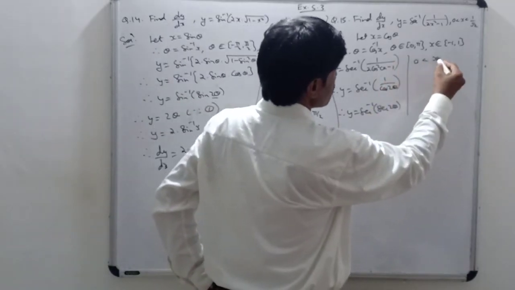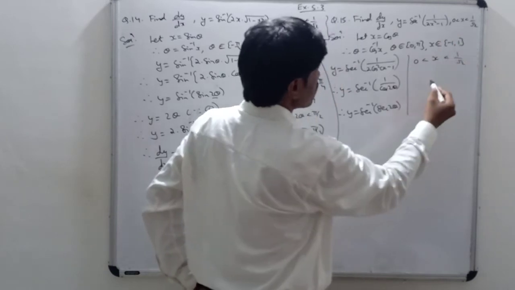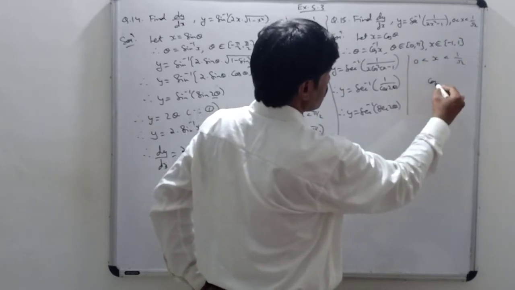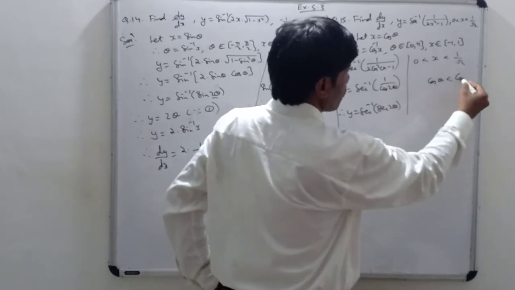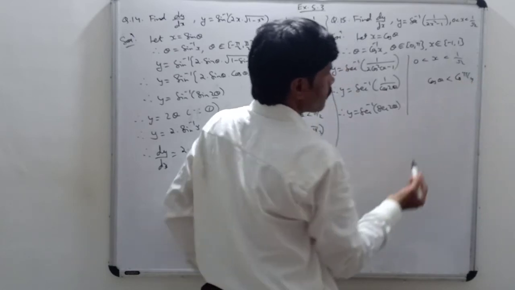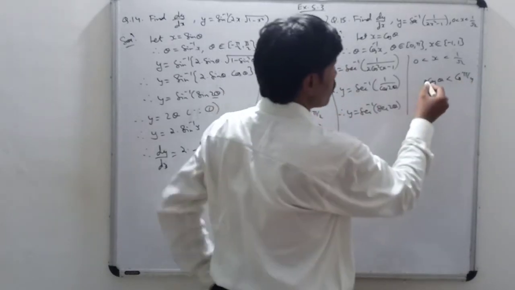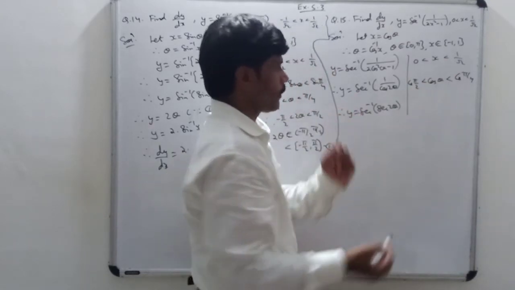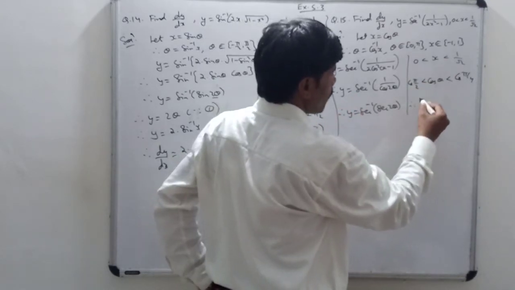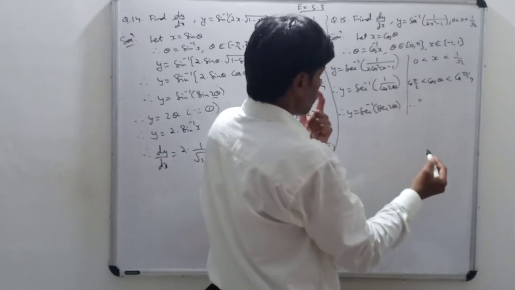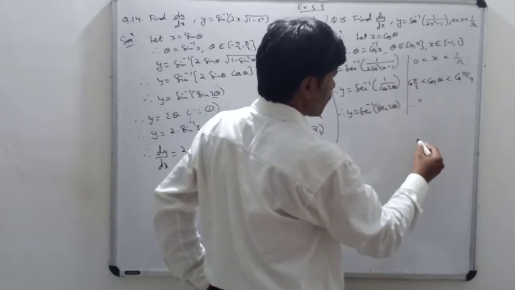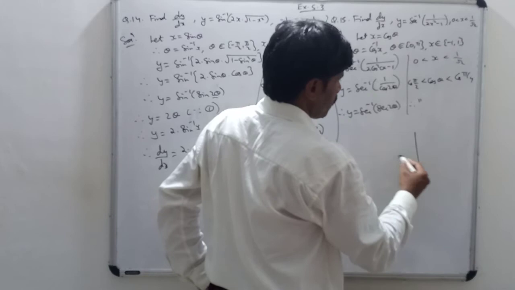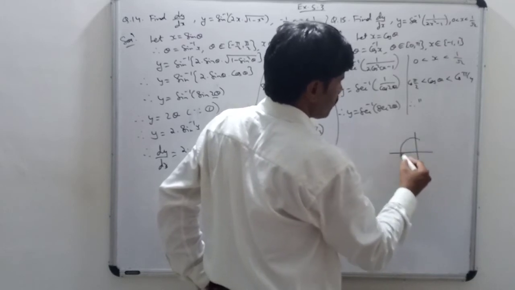0 is less than x is less than 1 by root 2. In place of x, what can I keep? Cos theta. Cos of what gives 1 by root 2? Pi by 4. Cos of pi by 4 is 1 by root 2. Okay, cos of what gives 0? Pi by 2. Cos 90 degrees is 0. So therefore pi by 2. Now between pi by 2 to pi by 4, cos is decreasing.